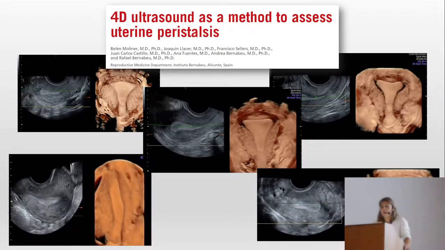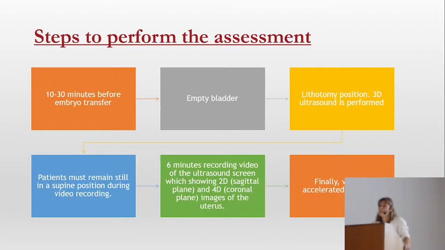So nowadays, we are assessing the uterine peristalsis as follows. First, we assess it between 10 and 30 minutes before the embryo transfer. We place the patient in lithotomy position and perform a 3D only to see how the uterus is, because then we need to perform the 4D.